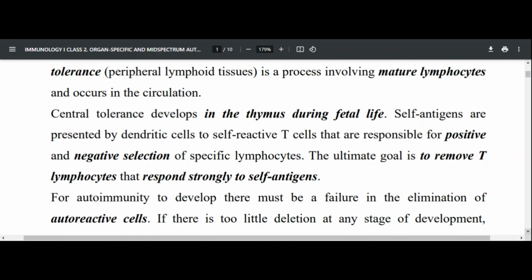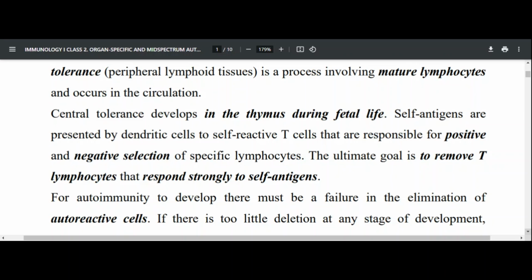The ultimate goal is to remove T lymphocytes that respond strongly to self-antigen. Those lymphocytes must be removed from the immune system. The ultimate goal of the central tolerance check is to remove T lymphocytes that are responding strongly to self-antigen.